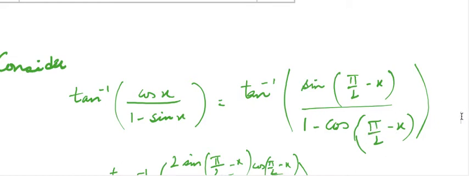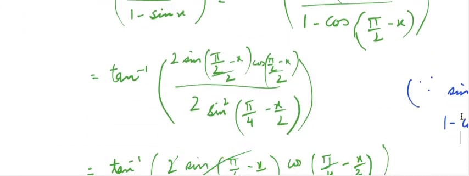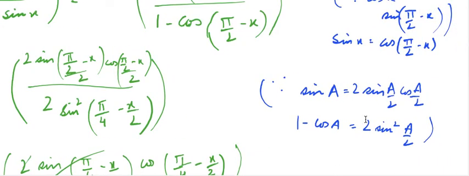Now we have the formula that sin a is 2 sin a by 2 cos a by 2, and 1 minus cos a is 2 sin square a by 2. So I will convert the expression in the denominator like this: 2 sin square of pi by 4 minus x by 2. If this is a, this will be a by 2. Pi by 2 का भी half हो जाएगा और x का भी half हो जाएगा, and you will get 2 sin square of pi by 4 minus x by 2.